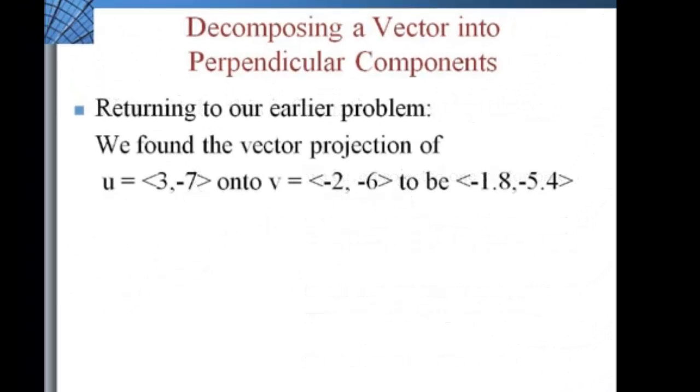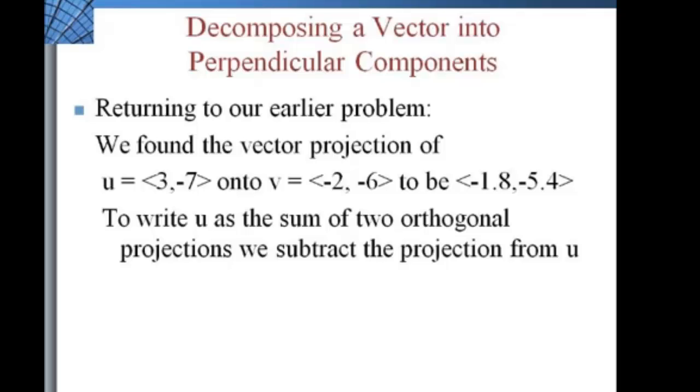So returning to our earlier problem, we found the vector projection of u, 3, -7, onto v, -2, -6, to be -1.8, -5.4. If we want to write u as the sum of two orthogonal vectors, we subtract the projection from our original vector u.